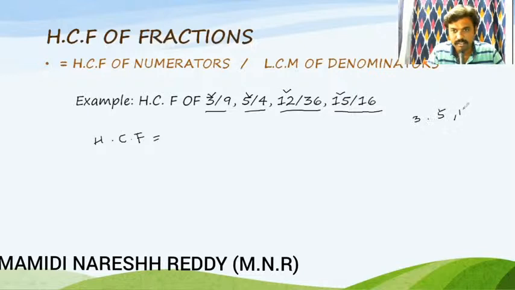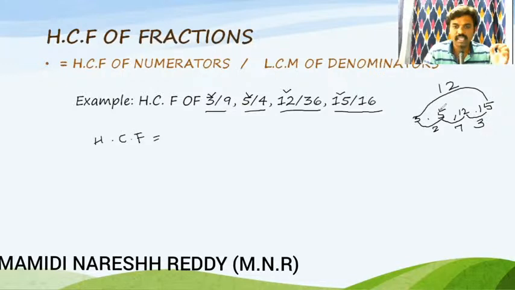Generally, to find the HCF, we need to find the difference of each two numbers. So 5 minus 3 is 2, 12 minus 5 is 7, 15 minus 12 is 3, and 15 minus 3 is 12.